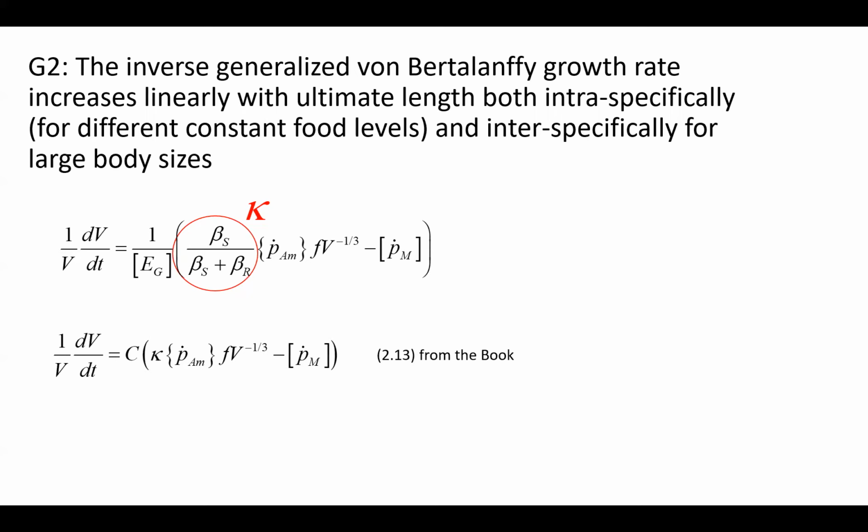And it compares actually favorably with equation 2.13 from the book for the growth. This is 2.13 for constant food. Otherwise, it is not a constant. But this is for constant food levels. And basically, it's the same equation.